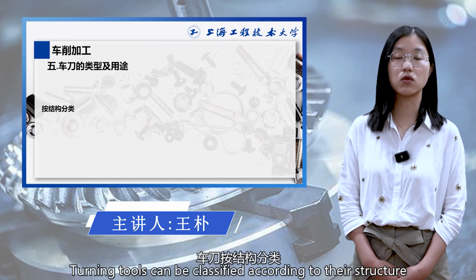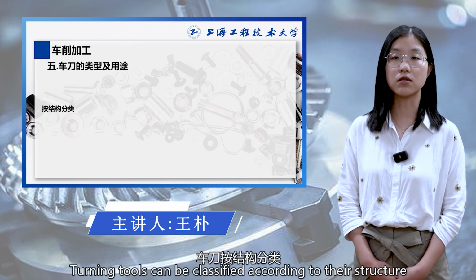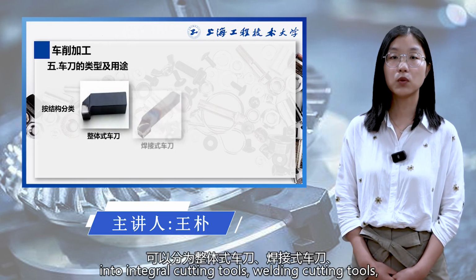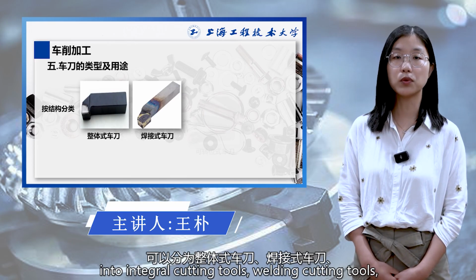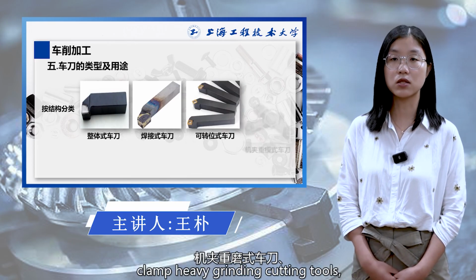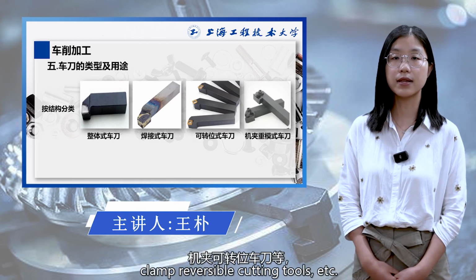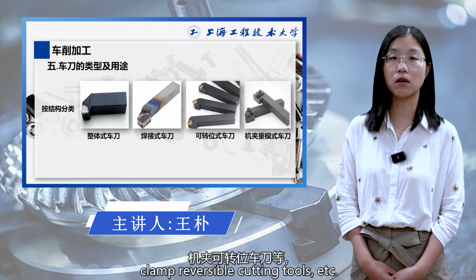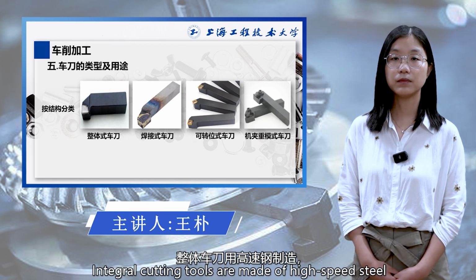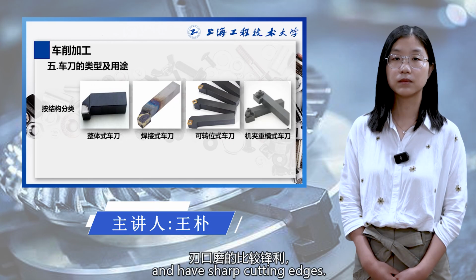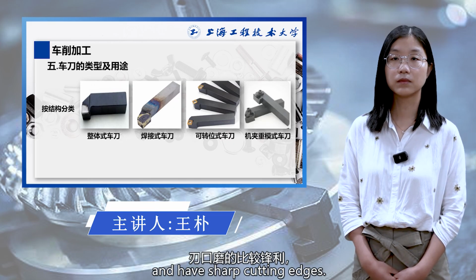Turning tools can be classified according to their structure into integral cutting tools, welded cutting tools, machine-clamp regrinding cutting tools, machine-clamp reversible cutting tools, etc. Integral cutting tools are made of high-speed steel and have sharp cutting edges.